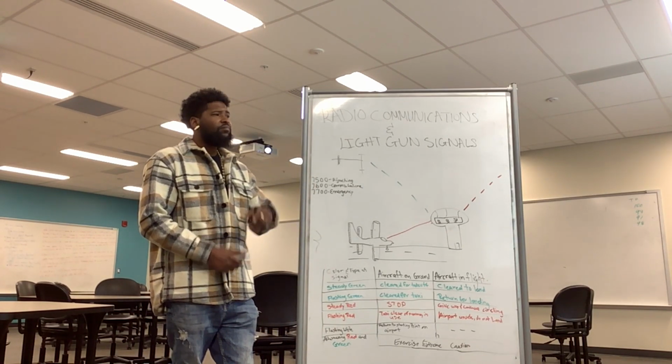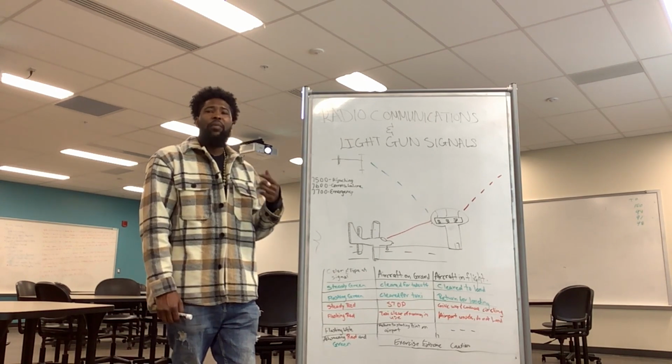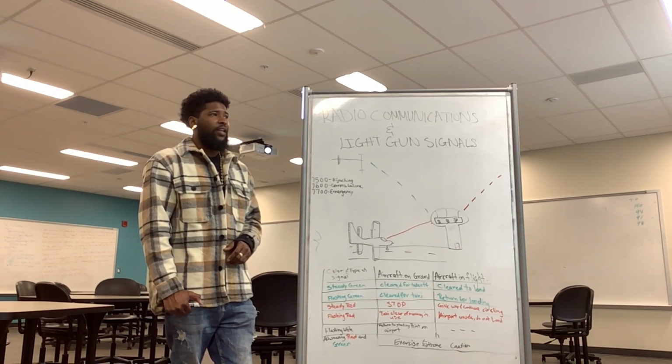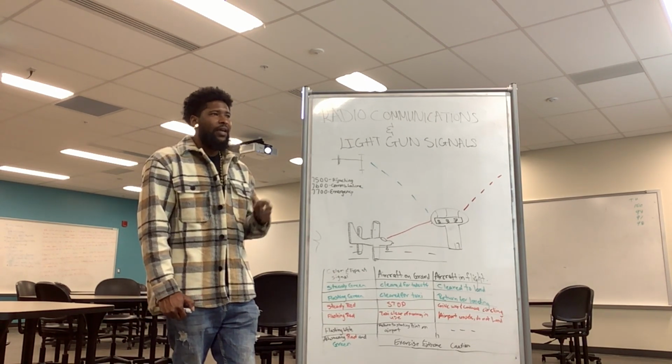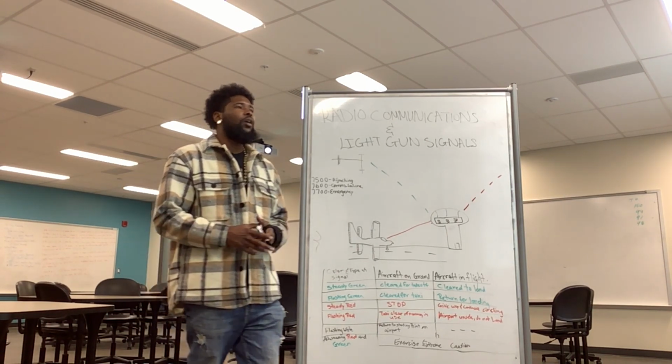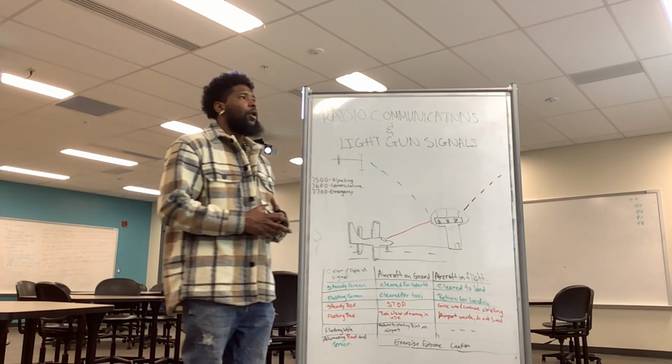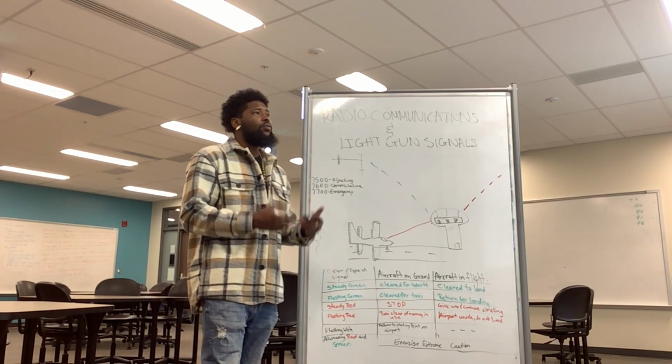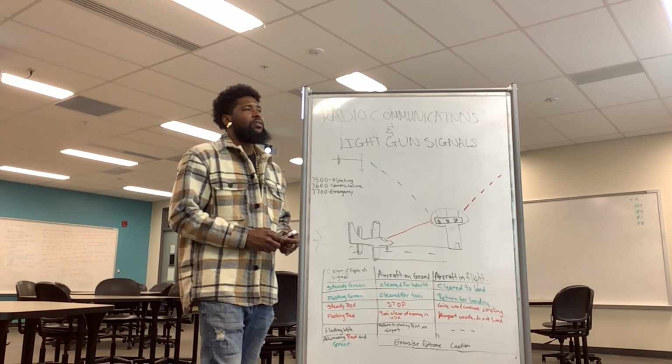I just want to walk through each objective one by one and elaborate a little more, so you can get a clear understanding of what we want you to grasp and know. First, find and use correct radio frequencies.